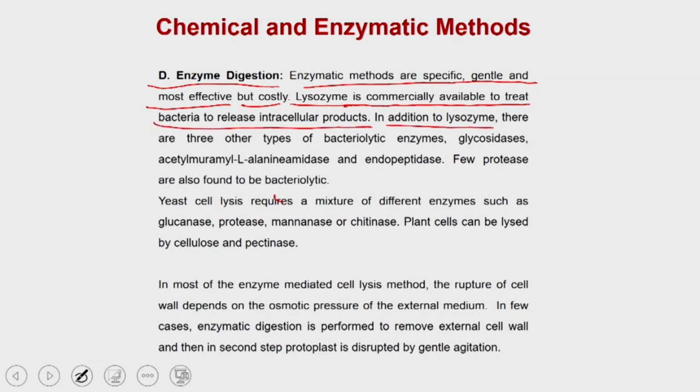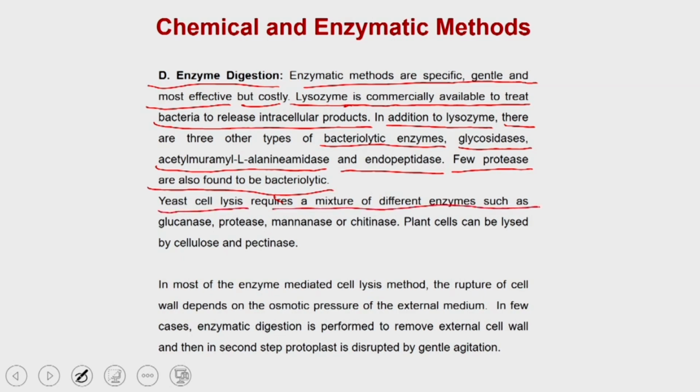In addition to lysozyme, there are other kinds of bacteriolytic enzymes which you can use. We can use the glycosidases, other enzymes, as well as the endopeptidases. Some of the proteases have also been found to be bacteriolytic enzymes. For example, yeast cell lysis requires a mixture of different enzymes such as the glucanases, proteases, mannases or chitinases.